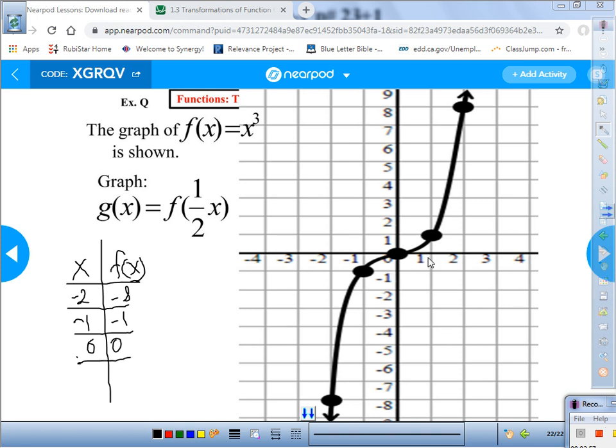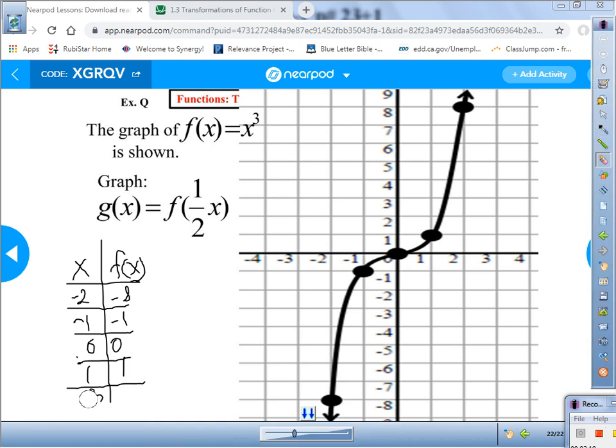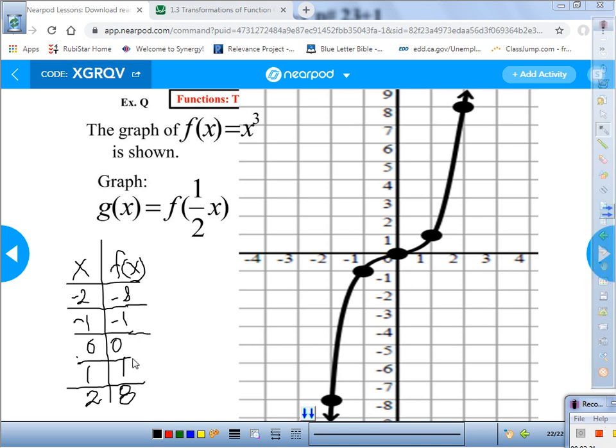Next one is 1, 1. And the last one is 2, 8. Okay. However, now they want us to do this transformation.